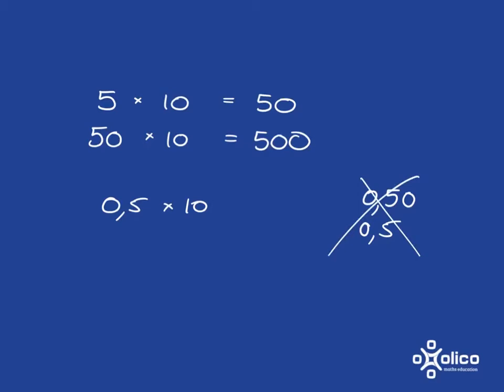And so what we said is, instead, to change the place value we're going to move the decimal comma over to the right to make the place value of the 5 bigger, and so you'd end up with 5, 0, which is just 5.